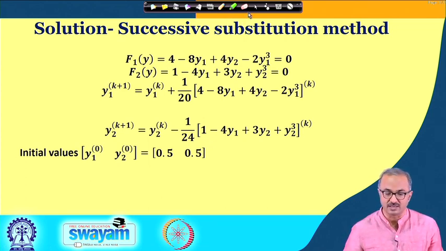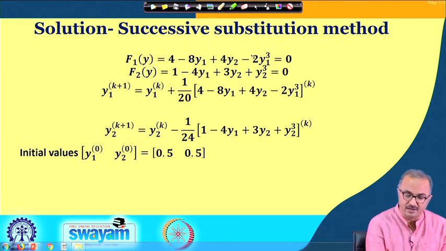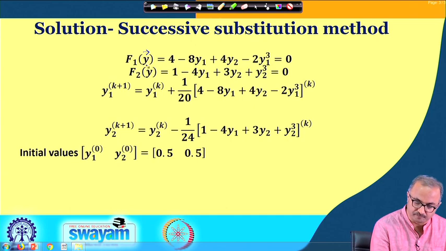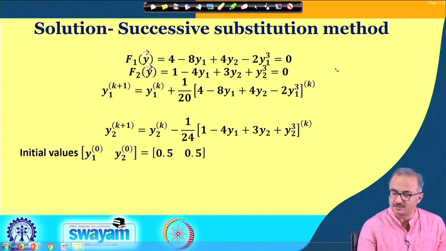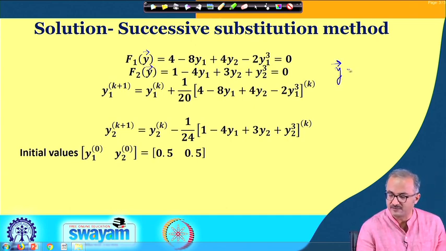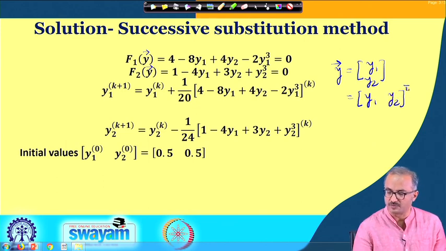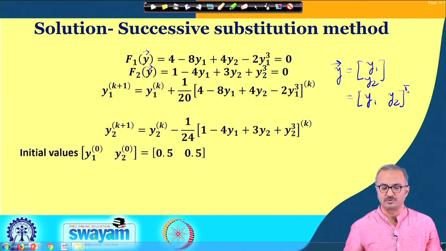In these cases, this y is basically a vector, and this y vector is given by y1, y2, or it can also be written like y1, y2 transpose. Okay. So, this T is the transpose.